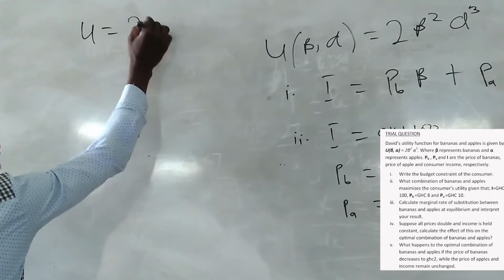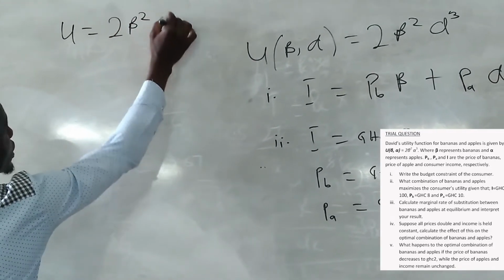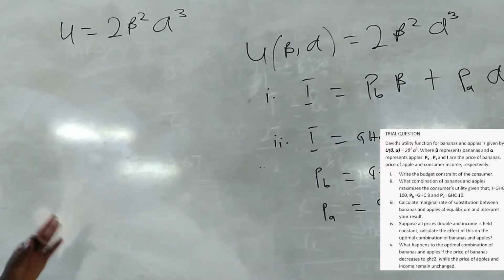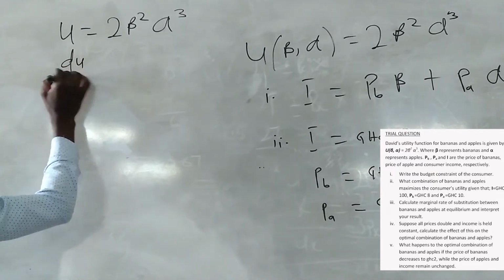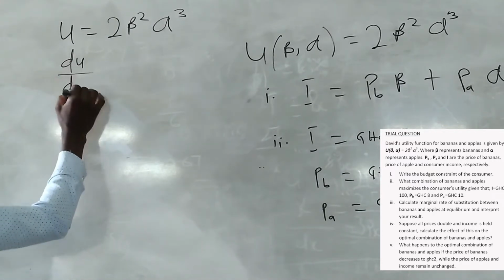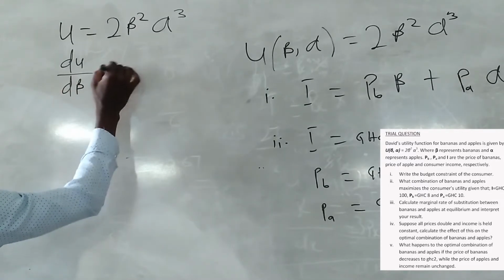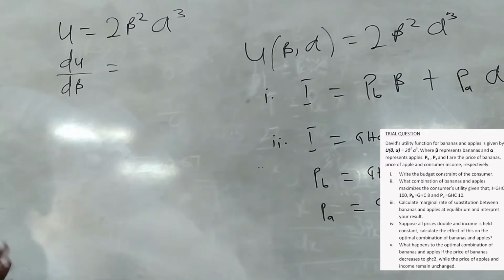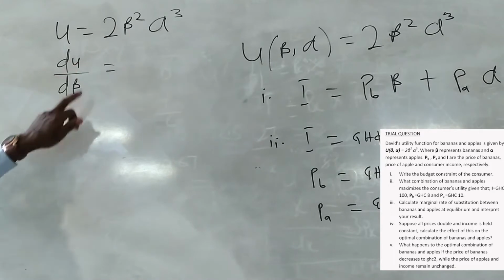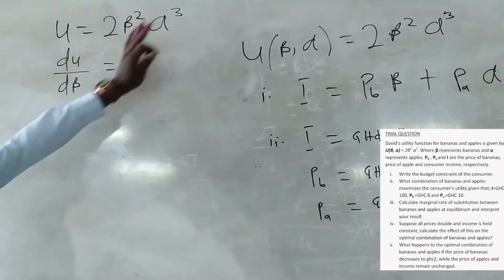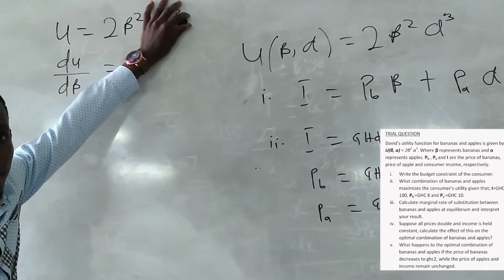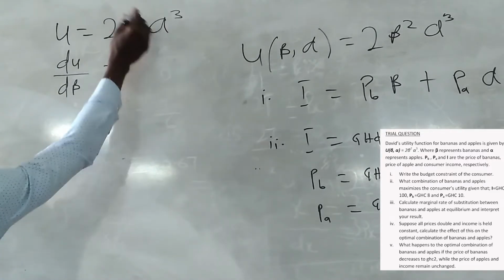Given that the consumer's income is this, price of beta is this, price of alpha is this, the question is asking us, how much quantity of alpha and beta will that consumer consume to attain maximum satisfaction?